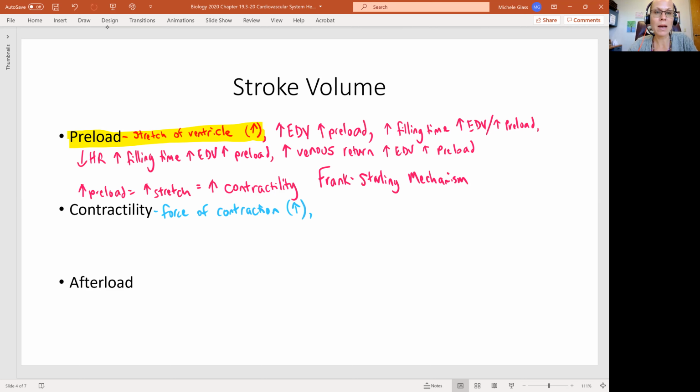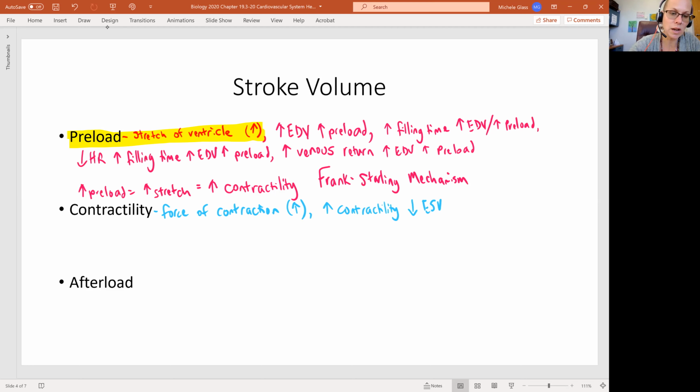So when we talk about having a high contractility, what we're saying is that more blood leaves the heart and less blood is left over, which is our ESV. So we're getting a higher stroke volume and less ESV. So when we increase our contractility, we're going to decrease our ESV. That's our leftover.